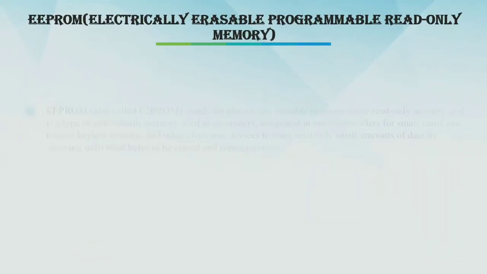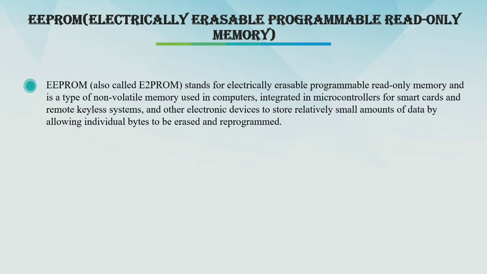Next comes EEPROM. EEPROM, also called E2PROM, stands for Electrically Erasable Programmable Read-Only Memory. It is a type of non-volatile memory used in computers, integrated in microcontrollers for smart cards and remote keyless systems and other electronic devices to store relatively small amounts of data by allowing individual bytes to be erased and reprogrammed.